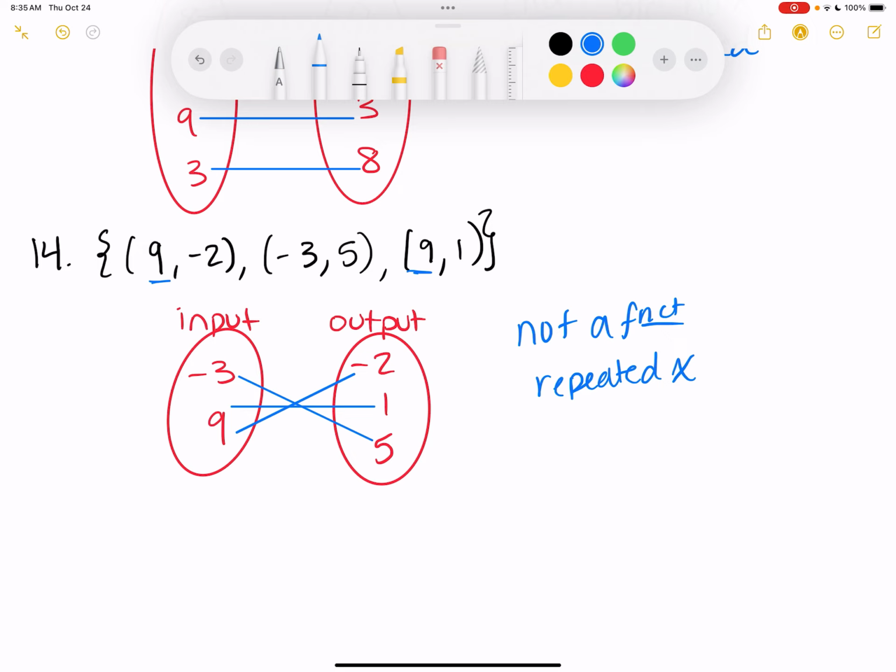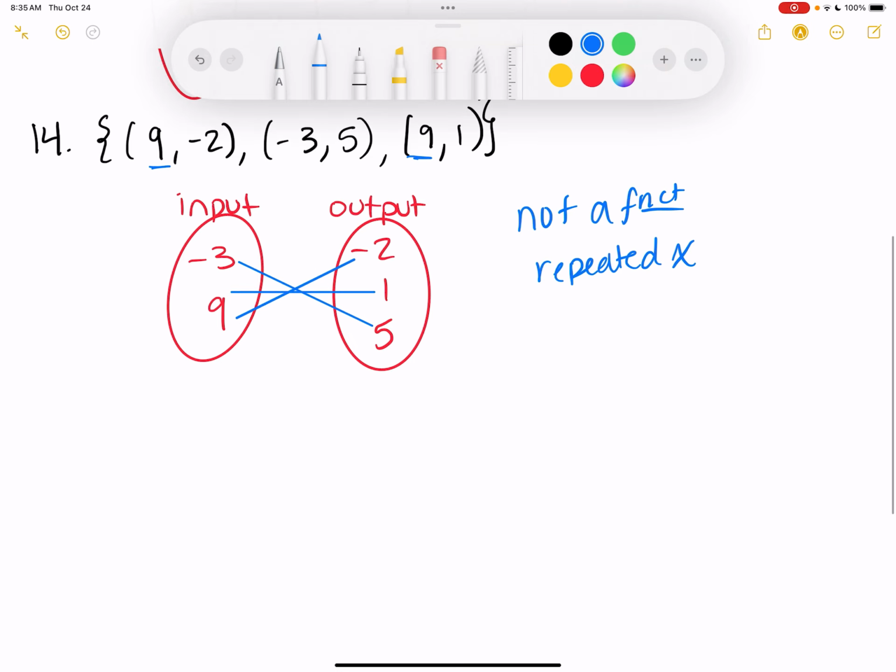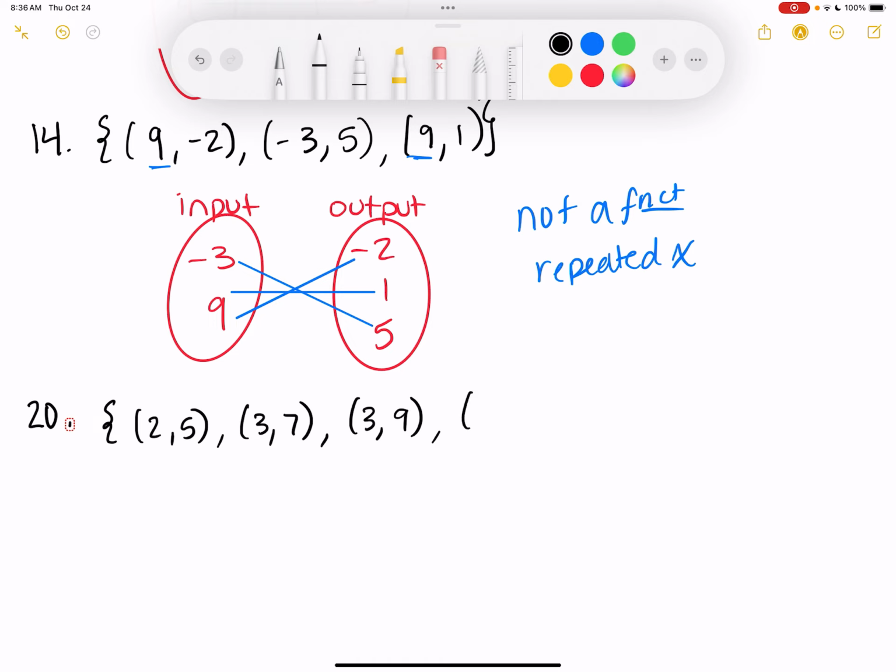So they have these ones, a couple different ways that they write it. So 20 is still just like these other ones have been written. So (2, 5), (3, 7), (3, 9), and (5, 11).